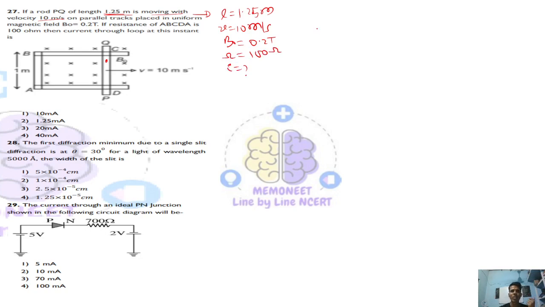It's a simple formula for this question. First we have to calculate the EMF. EMF is simply BLV. Once you calculate it out, it becomes 2 volt, and I is equal to EMF upon R, that is 2 upon 100. Okay, in milli, I am just solving it as SI.